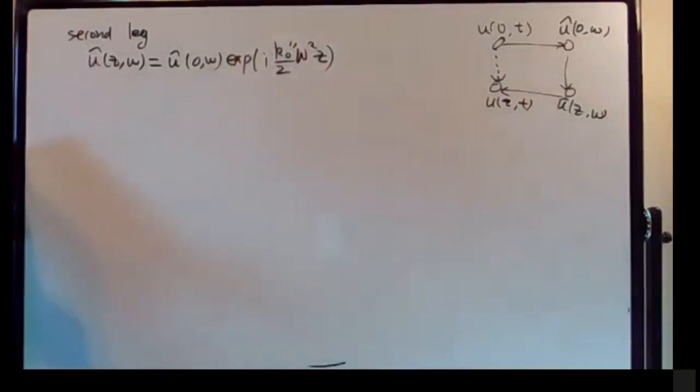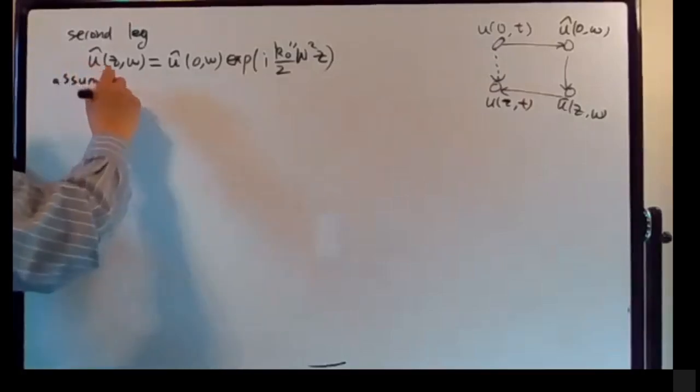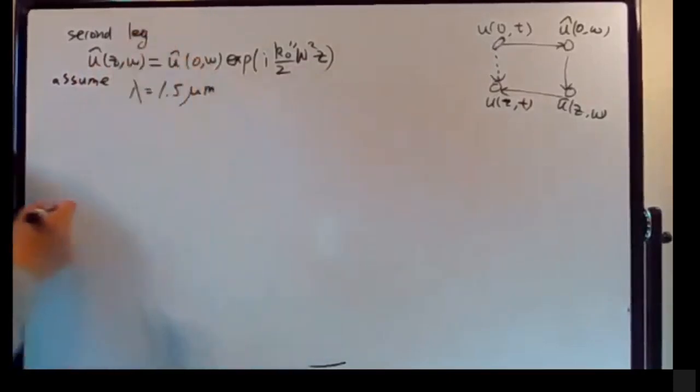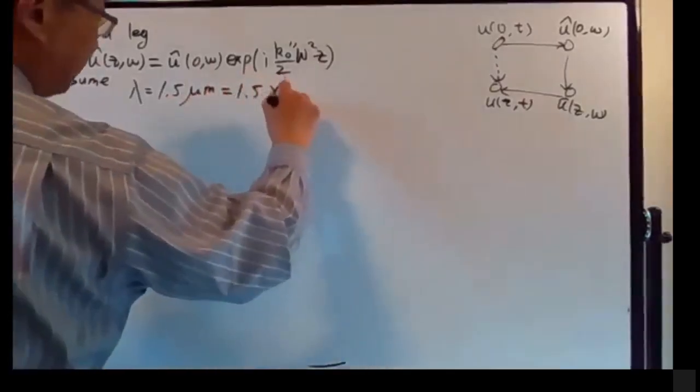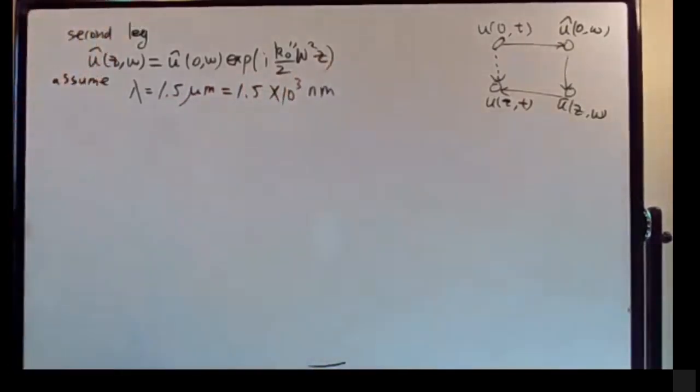Now this is the new material in our class, right? So let's assume this lambda is 1.5 micrometer, which is 1.5 times 10 to the third nanometer, so it's 1,500 nanometer. Why do I use this 1,500?